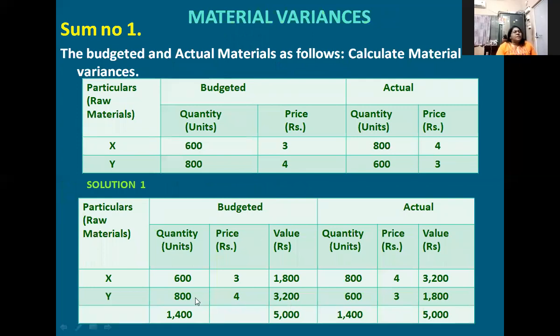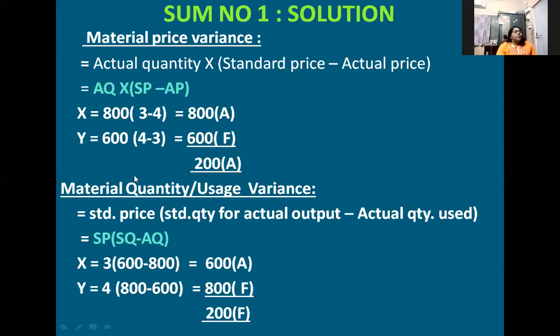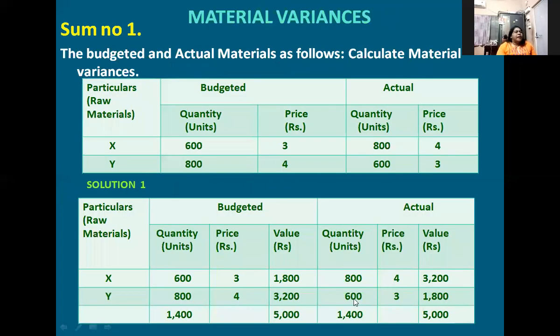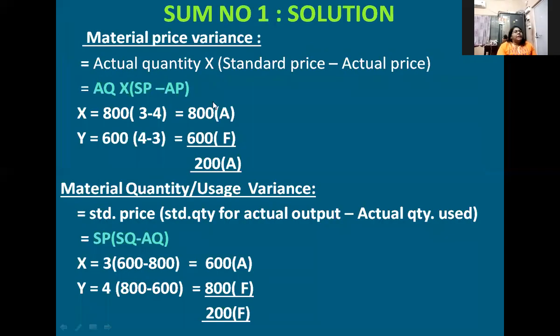We have the standard quantity for X as well as Y, 600 and 800. The standard price as well as the actual price per unit are also separately given. So all the information is readily available in this problem. We just need to pick the information from the problem, write the formula correctly and apply it.